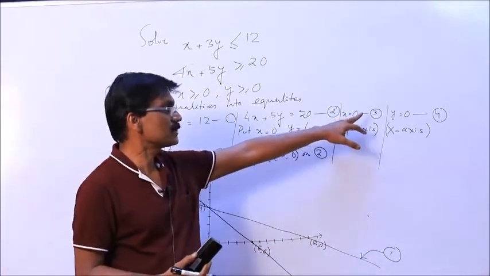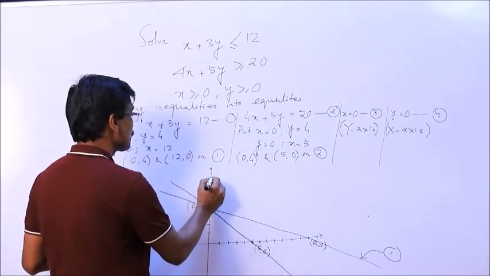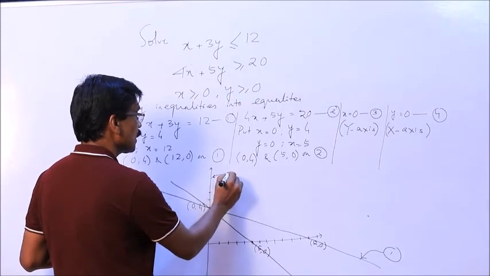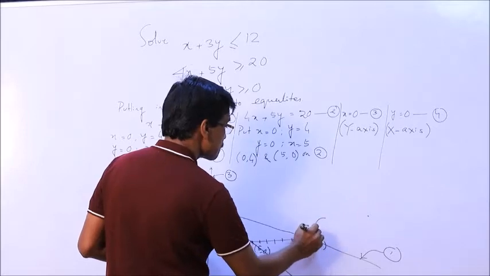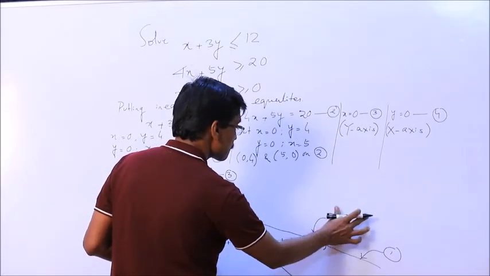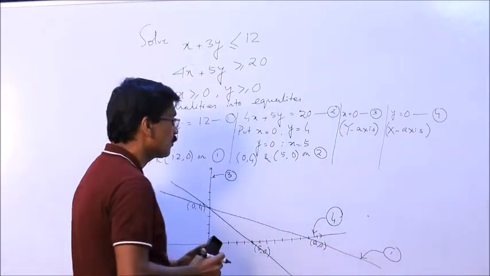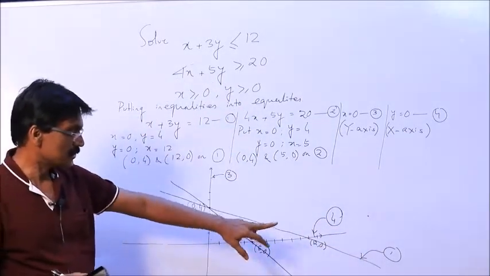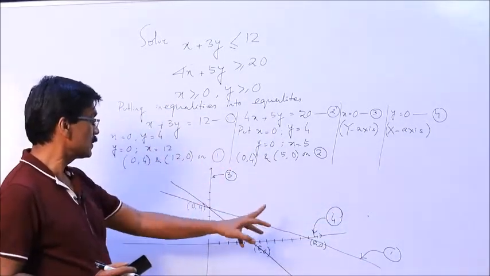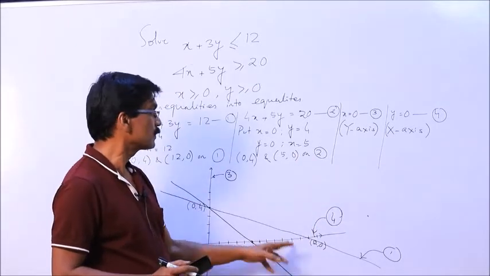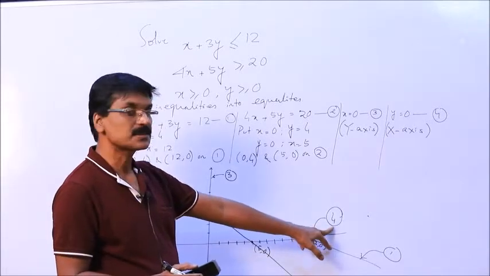Then the third equation is the y axis, and the fourth equation is the x axis. So, we can number those lines accordingly. This is equation 1 and it is equation 2, y axis is equation 3 and x axis is equation 4.